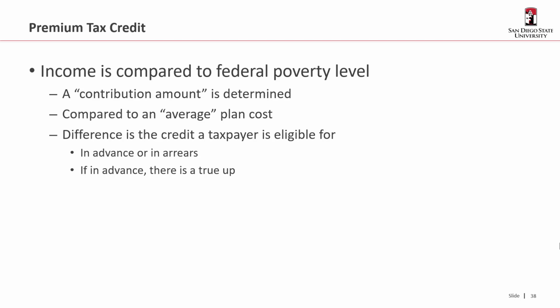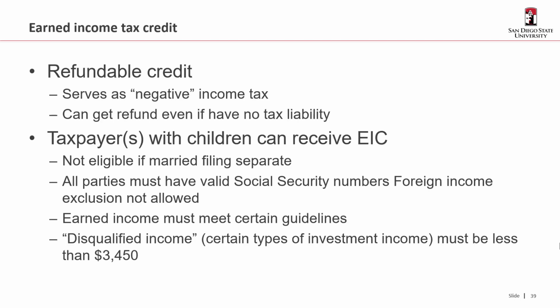That's compared to an average plan cost. The difference is a credit that the taxpayer is eligible for. Either they can sign up to receive it in advance, as each month goes by, or they can elect to receive it at the end, in which case there's just a true-up. So that's it for the premium tax credit.